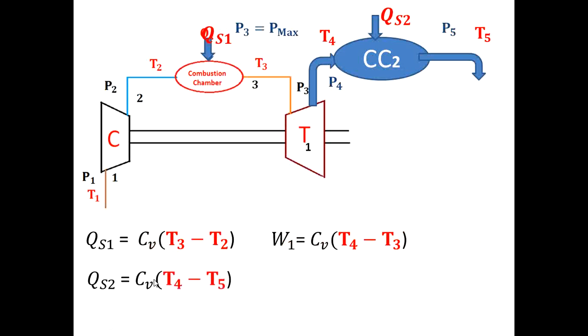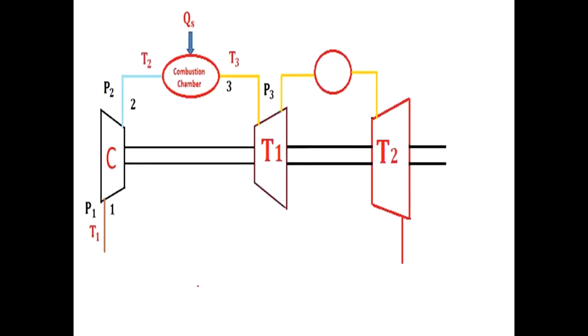The amount of heat energy supplied in the second combustion chamber is equal to Cp into T5 minus T4. This is the actual gas turbine cycle. Heat energy QS1 raises the temperature to T4, and then heat energy QS2 given in combustion chamber 2 raises it to temperature T5.